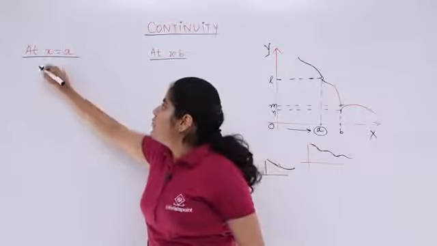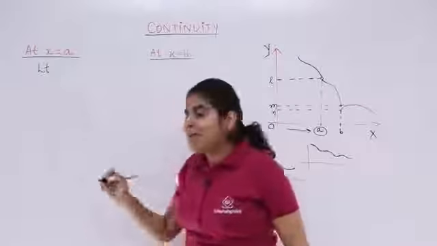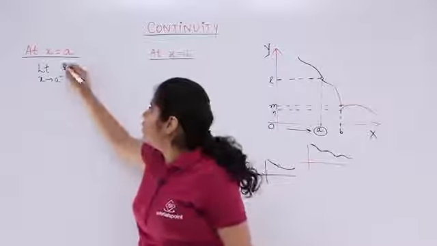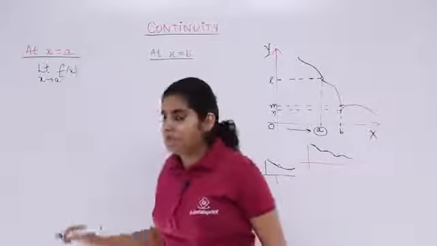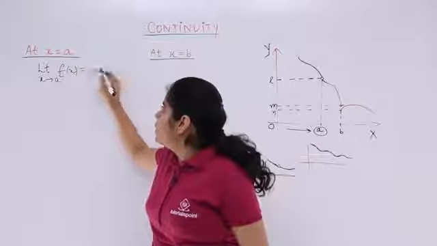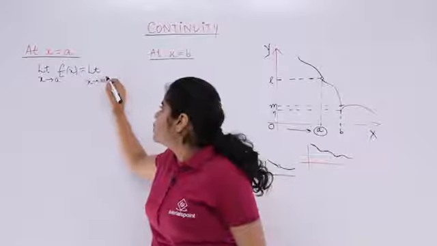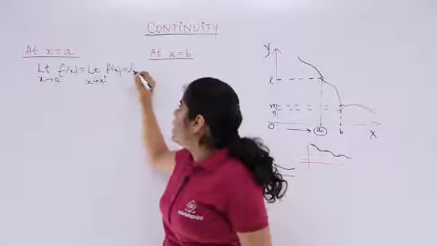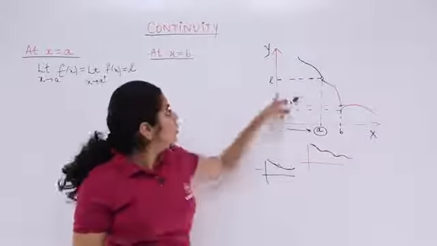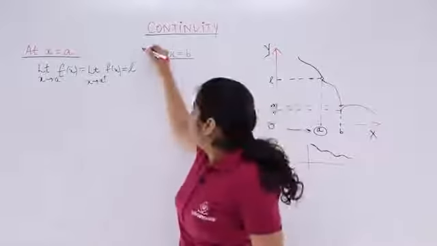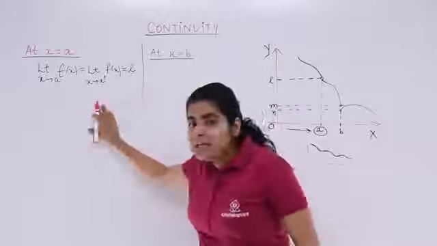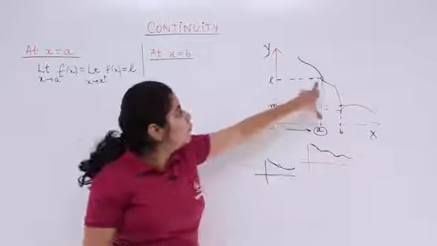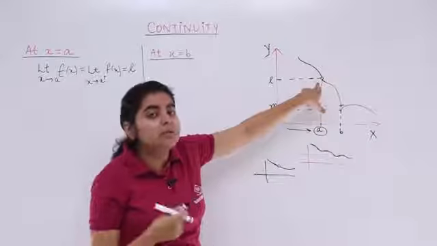So, even though my left hand limit and right hand limit were equal, the left hand limit of f(x), at A negative, was equal to the right hand limit, at A positive, and both gave me the value L. But the problem was that there is a hole in the graph.